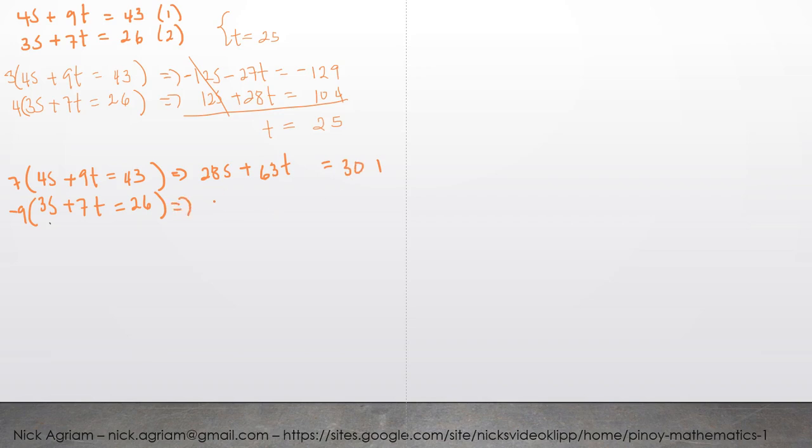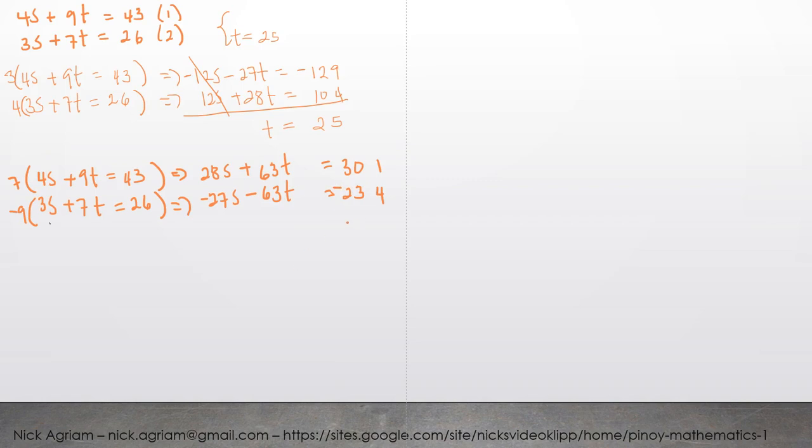And the next, we have negative 27s minus 63t is equal to 9 times 6, 54, 9 times 2, 18 plus 5, 23, negative.